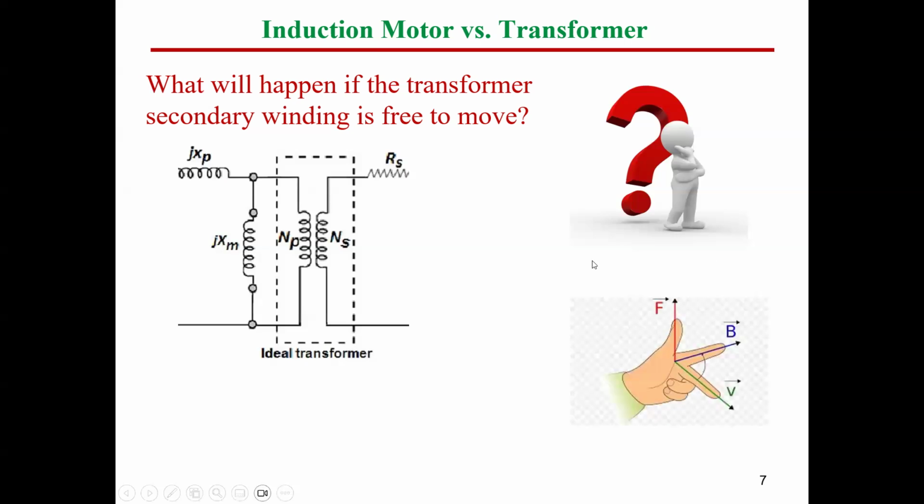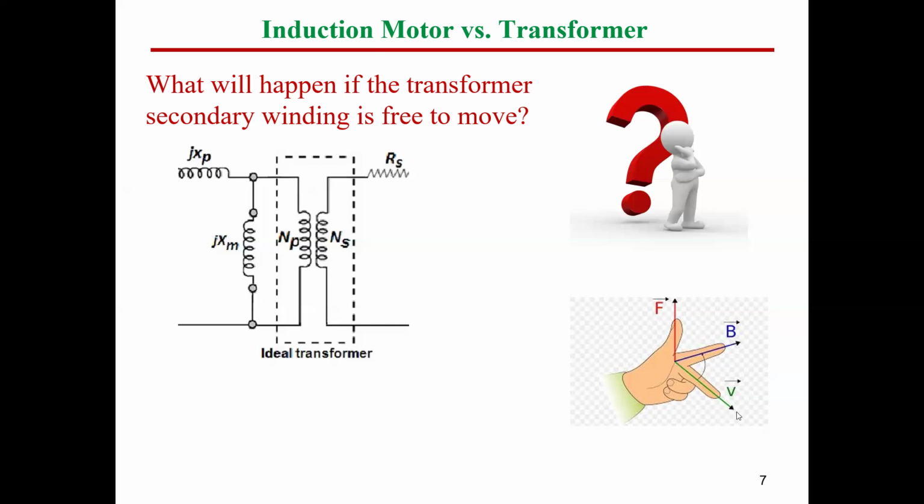So, according to the Fleming rules, guys, you know that if you have the magnetic field in this direction and you have a force in this direction, the induced EMF is going to be produced in that direction, and also the opposite. So this is for the generating mode.